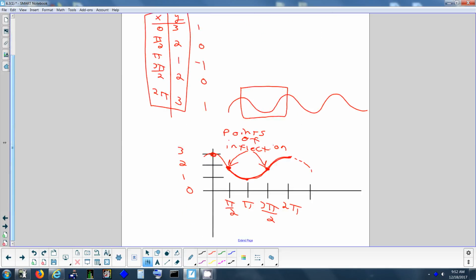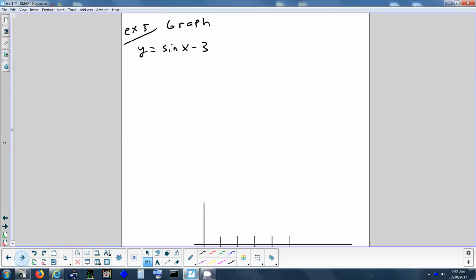Okay, so that's a shift up 2. And then we'll finish up with a shift down 3. Okay, so Juliet, since we're shifting down, we know the x values stay the same. So what are going to be my x values? They're going to be 0, pi over 2, pi, 3 pi over 2, and 2 pi. Yep.